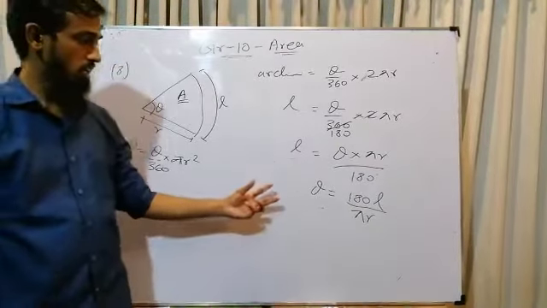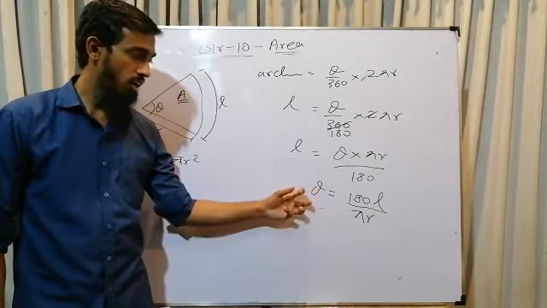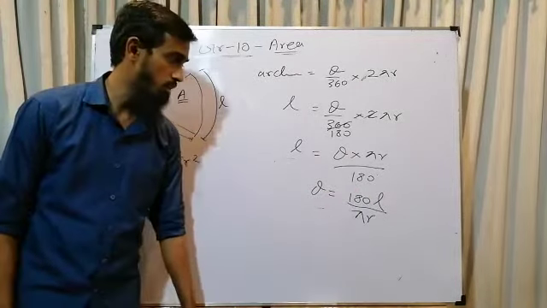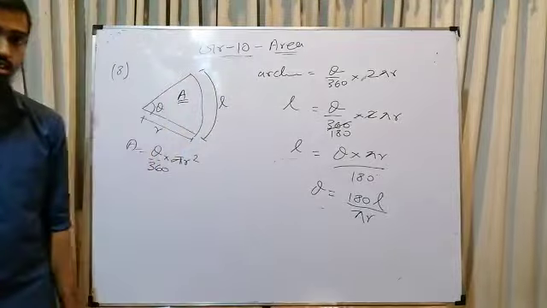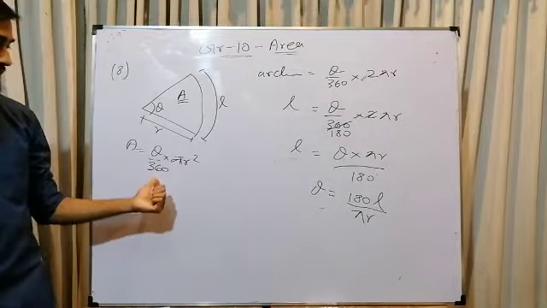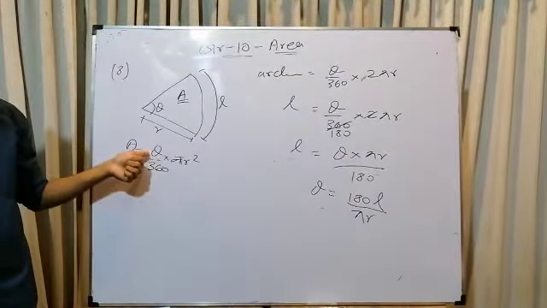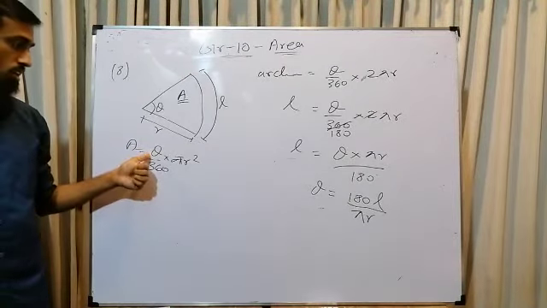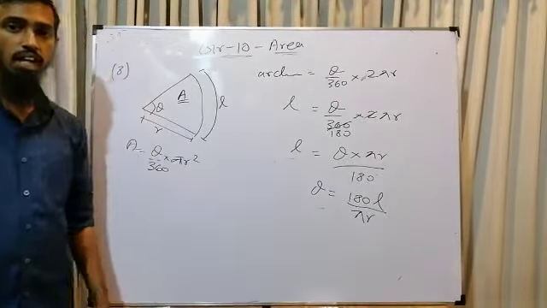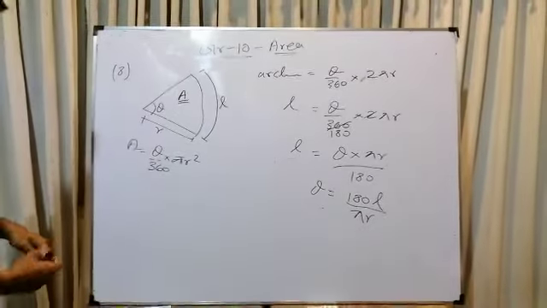So we found the angle, the value of the angle theta using the arc length. Now in the area equation we can substitute this value for theta. Then we can have the area with the arc length L. So it's like a puzzle game. You have to connect.